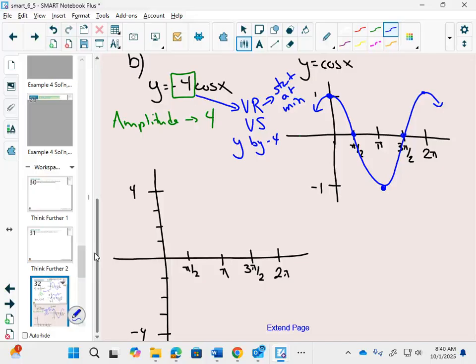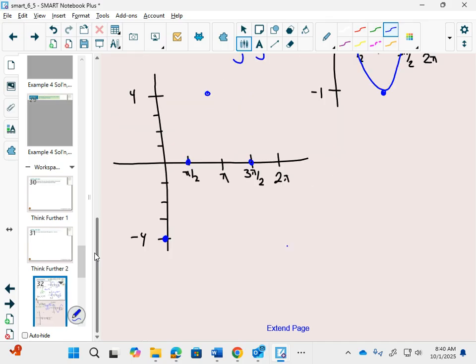We can do that a lot quicker now, just saying, hey, if I know it starts at a minimum, and I use my amplitude to find my minimum, then I'm going to go from minimum to middle to maximum to middle to minimum. And you can draw your graph very, very quickly. Okay?